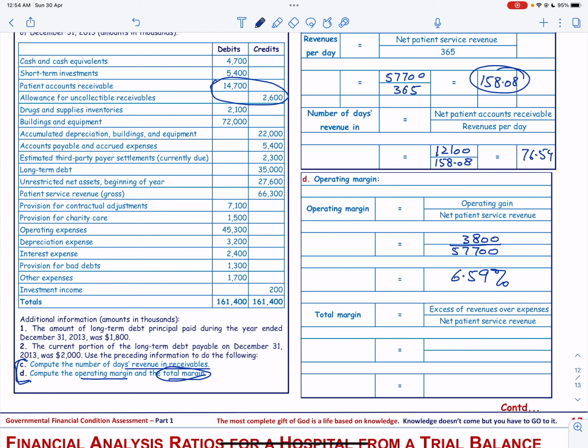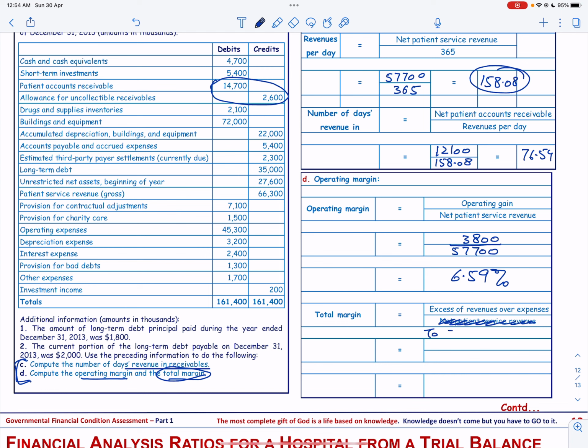So the operating margin is 6.59%. And next we calculate the total margin, and that is excess of revenue over expenses divided by net patient service. No, this should be, this is a typing error. So divided by total revenue.